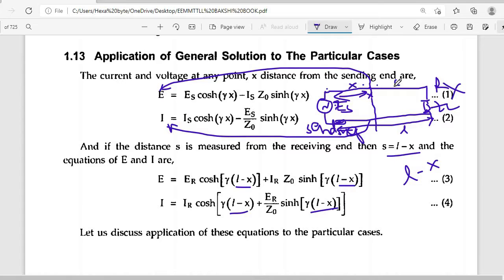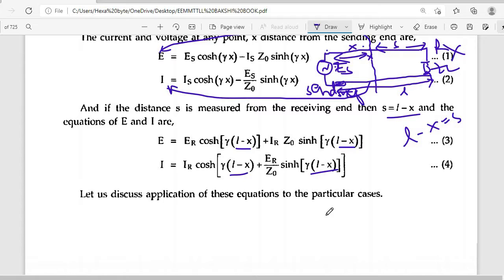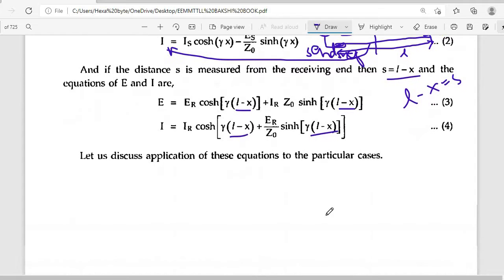The remaining distance is S. L is equal to x plus S, so S is equal to L minus x. Then you get the S distance, whatever you want. So S is replaced by L minus x, and the equations are modified.